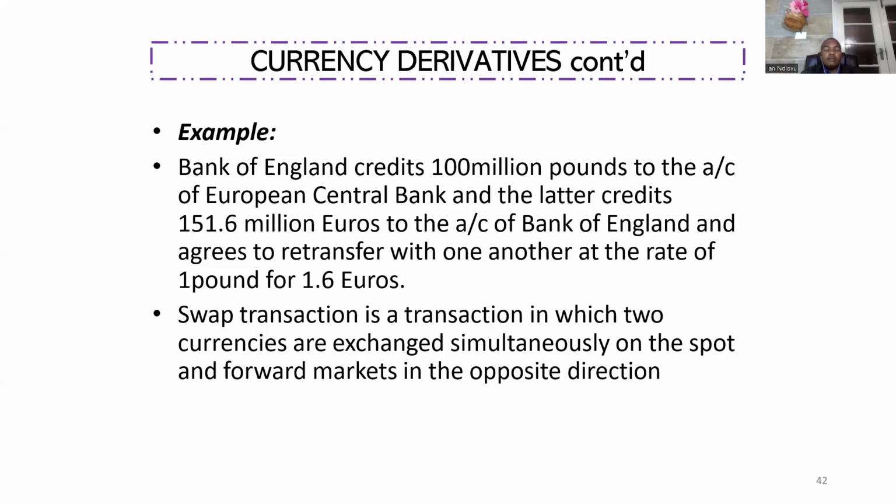And then the backward arrow is a scenario where the ECB is now crediting the account of the Bank of England with 151.6 million euros at a later date, and agrees to retransfer with one another at the rate of £1 for 1.6 euros, which is the forward exchange rate.